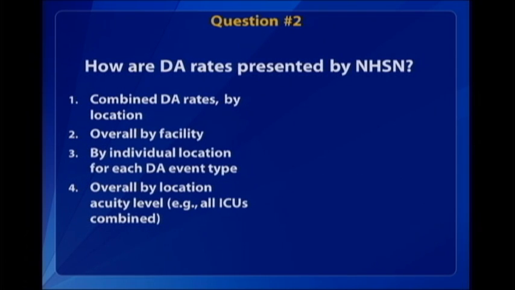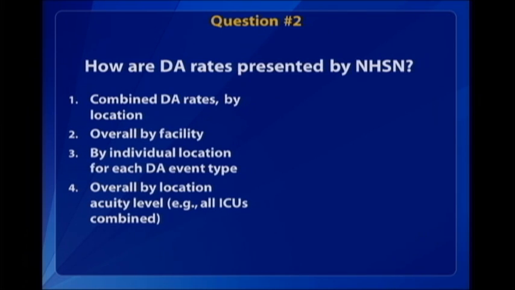All right, so here's another good question for you. How are device-associated rates presented by NHSN? Combined device-associated rates by location, meaning CLABSI, CAUTI, all rolled up into one. Overall by the facility, by individual location for each device-associated event type, or overall by location acuity level.